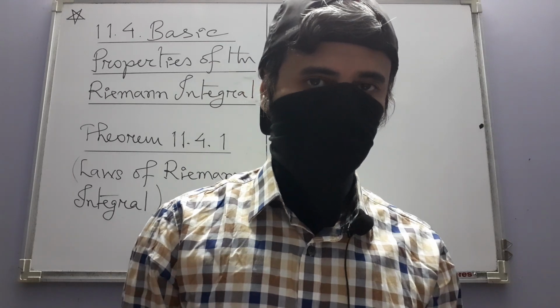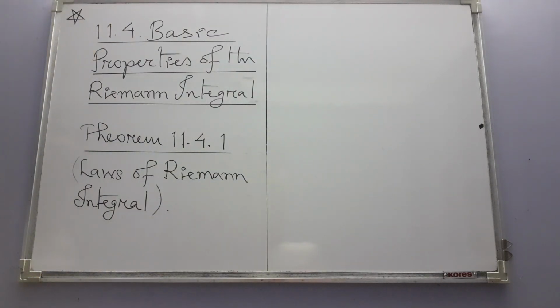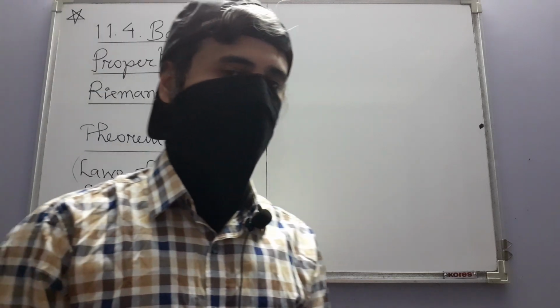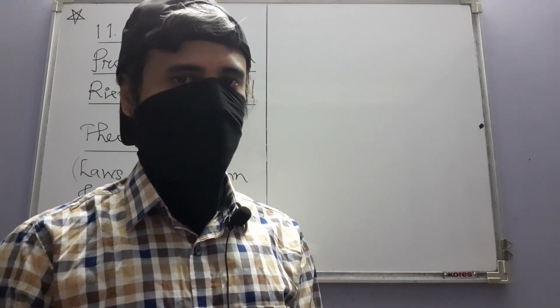So let's start this next section, basic properties of the Riemann integral. In this section we are going to see properties similar to the ones we have already seen for piecewise constant functions.